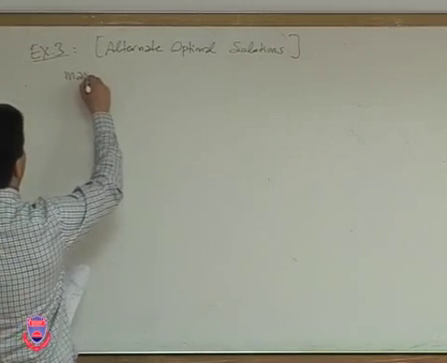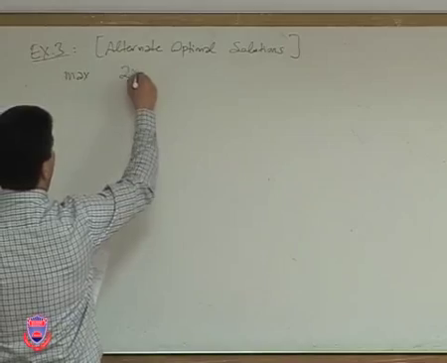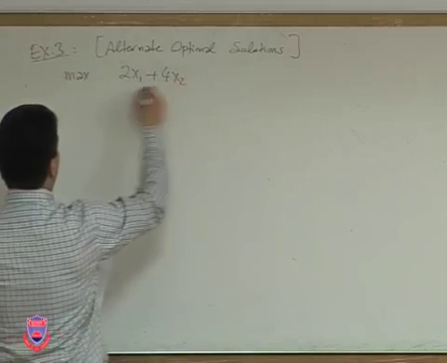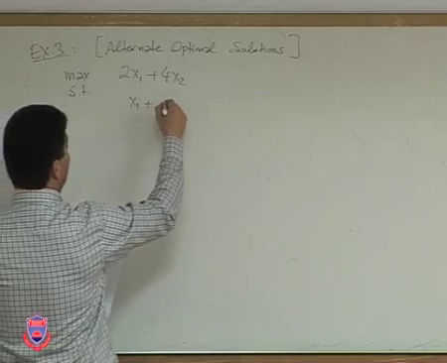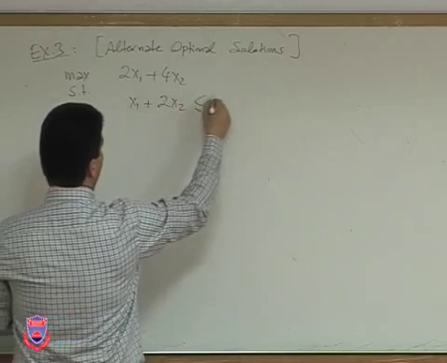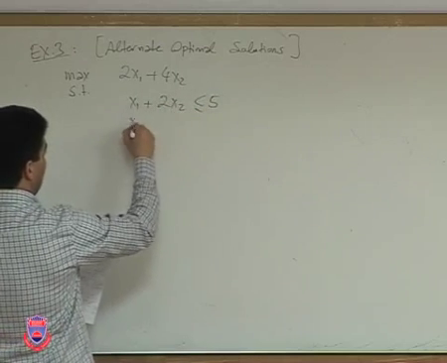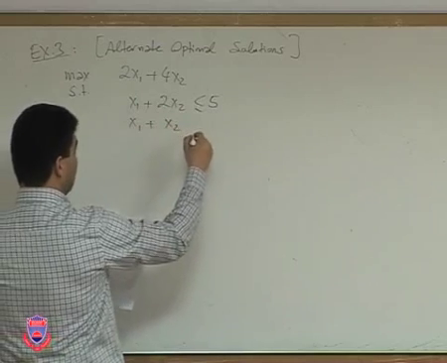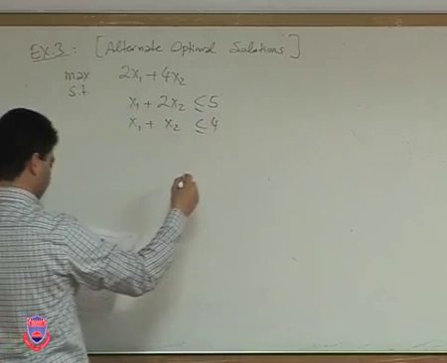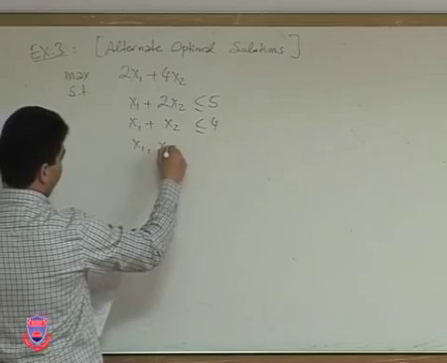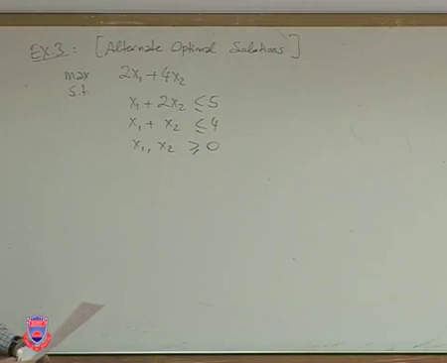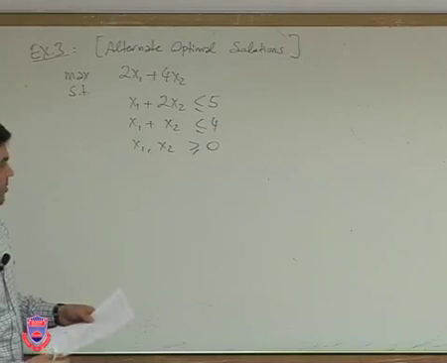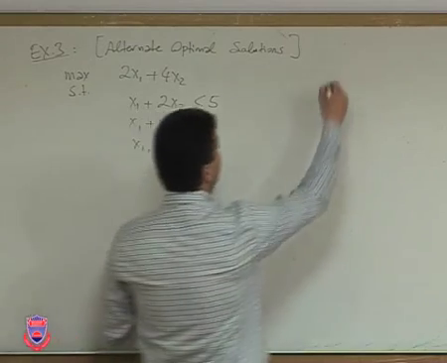I want to maximize 2x1 plus 4x2, subject to x1 plus 2x2 is less than or equal to 5, and x1 plus x2 is less than or equal to 4. And both variables are non-negative. So this is again a problem with only 2 variables, which means that I can solve it graphically.